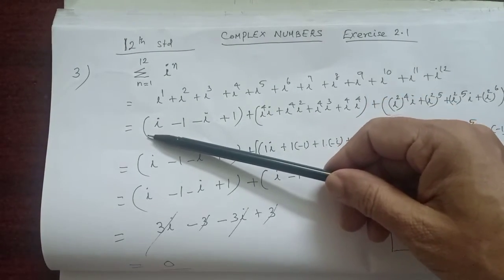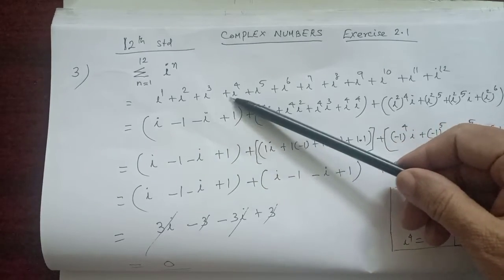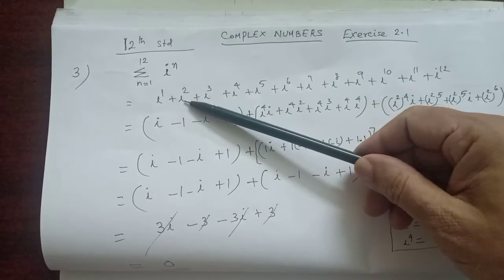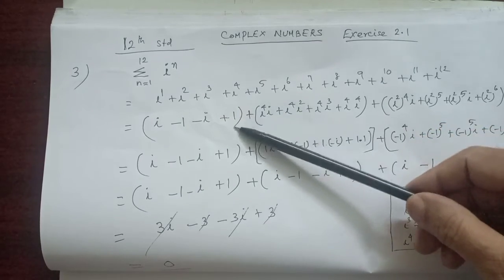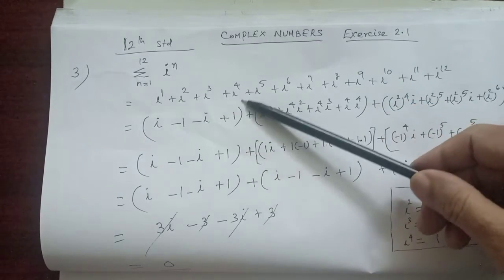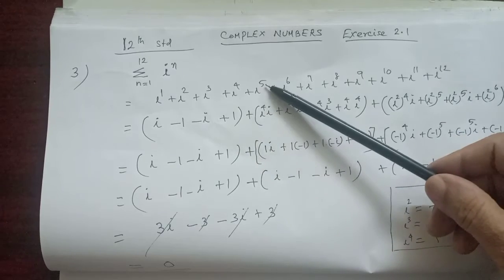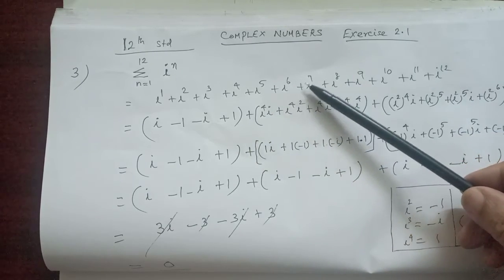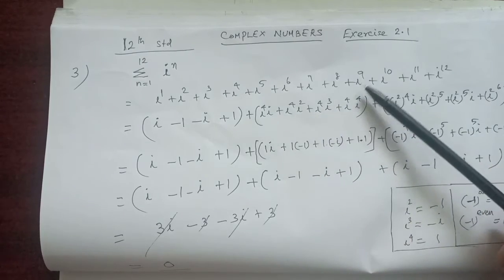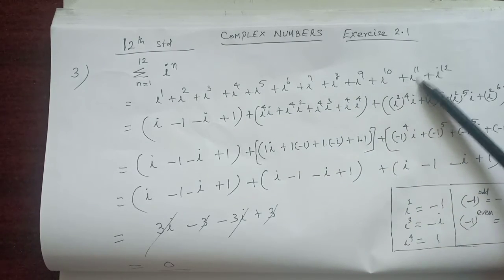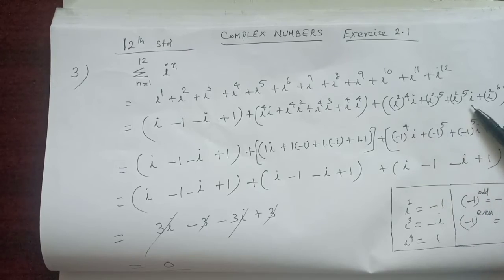We split the equation: i, i square, i cube, i to the power 4, this is the first term. Plus i power 5, i power 6, i power 7, i power 8 is the second term. i power 9, i power 10, i power 11, i power 12 is the third term.